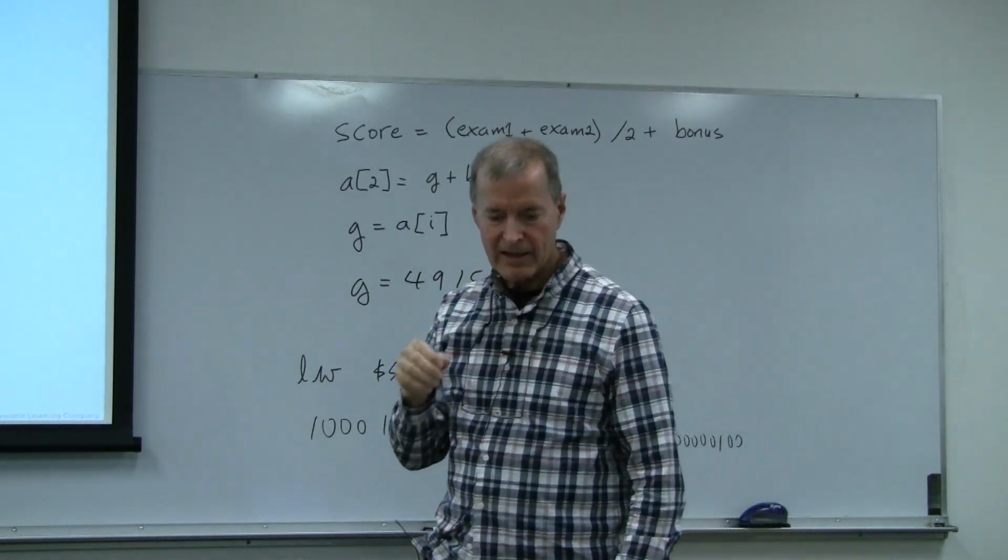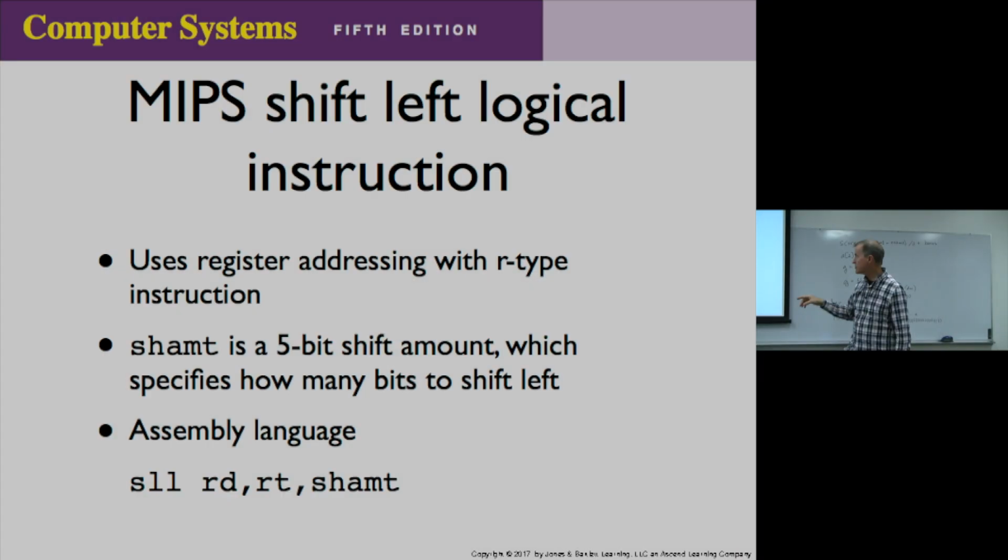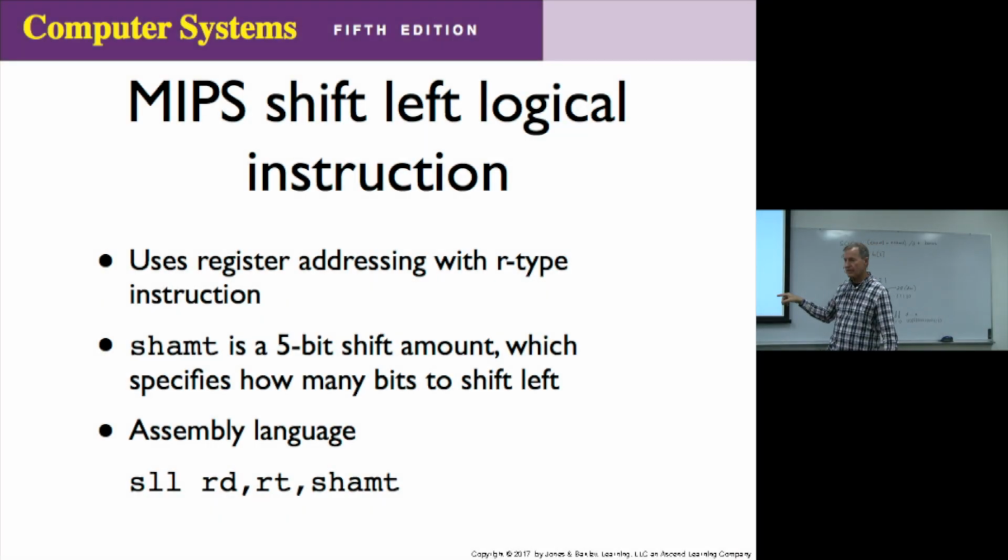So the MIPS shift left logical instruction is going to help us do that, and that's SLL. It uses register addressing with an R-type instruction, and we have this SHAMT, which stands for shift amount. It's a 5-bit shift amount field. And there's the assembly language format.